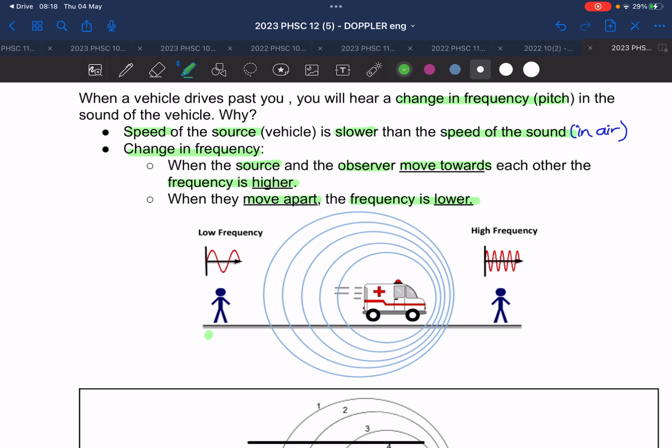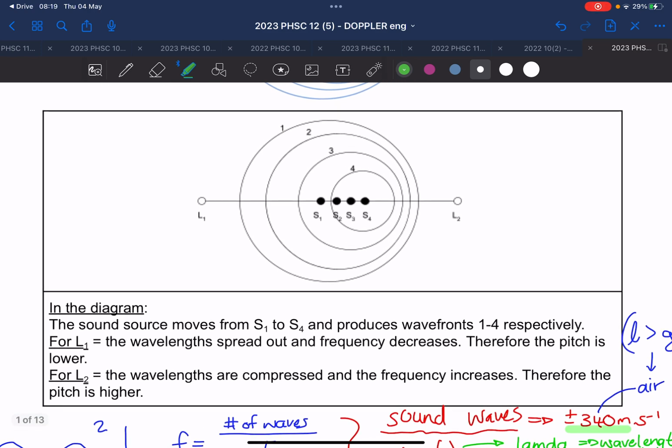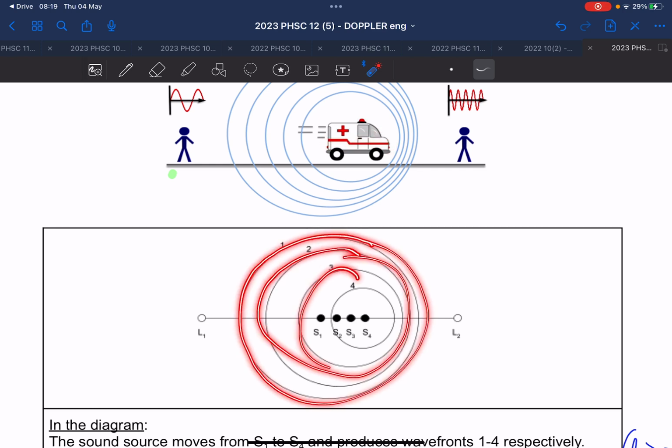The same concept is explained here at the bottom, just a bit more scientifically. In the diagram, the sound source moves from S1 to S2 and produces sound fronts 1 to 4 respectively. So it started there and now it's moving to the right. It produced that sound wave, then that one, then that one, then that one.